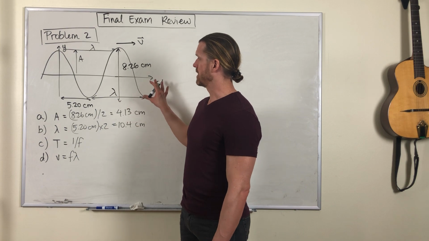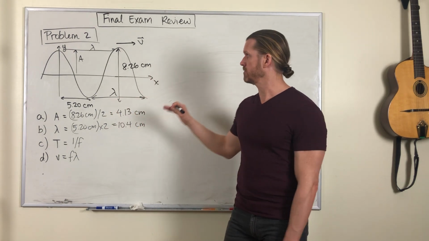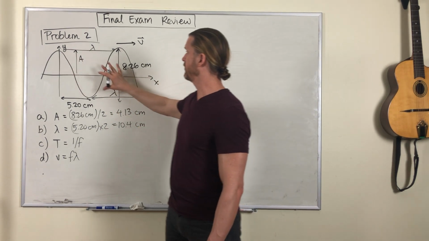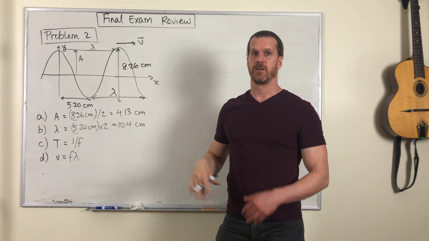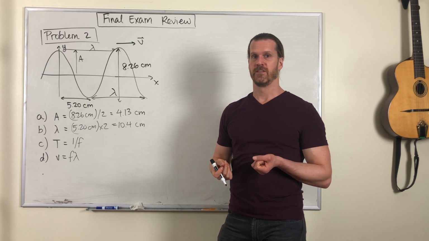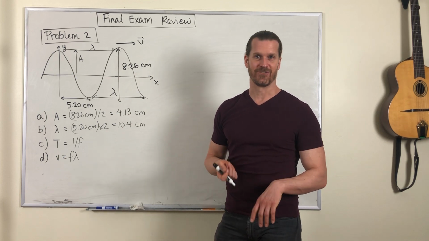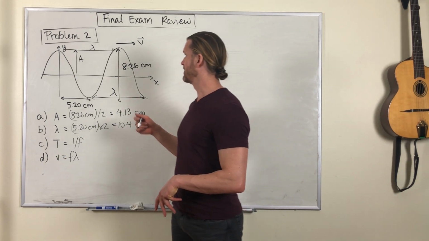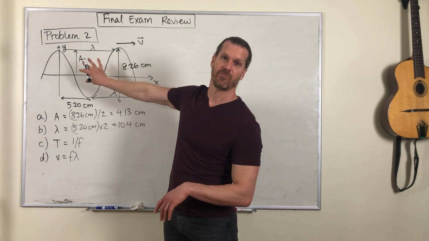So, to sum up the main points here, we are given a picture of a traveling wave. Now, if you wanted to really visualize a traveling wave, it would have to be animated or a 3D drawing, because this is just kind of one snapshot in time.